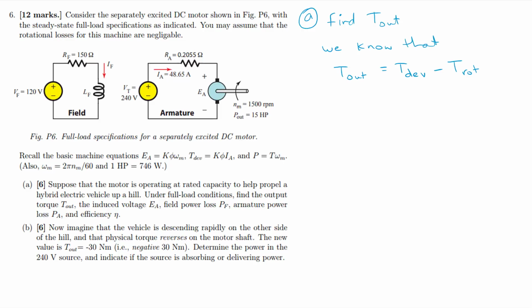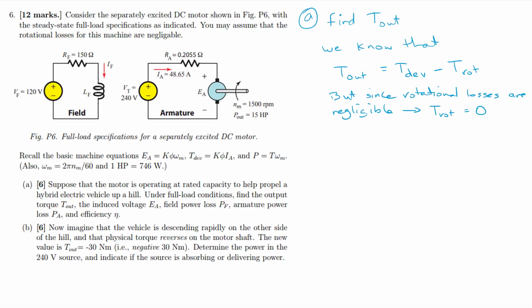We know that the output torque is equal to the developed torque minus the rotational torque, the losses of torque from rotational losses. Basically the friction losses at the bearings and the windage, which is the air resistance as the motor is turning internally. In this case, we said that the rotational losses for this machine are negligible, so this term is going to disappear.